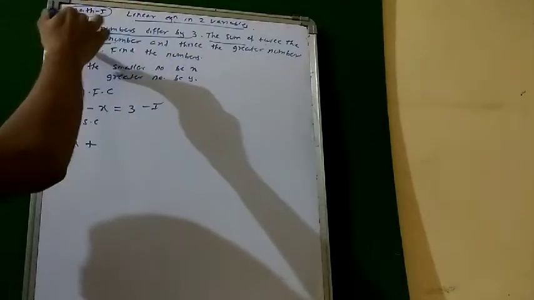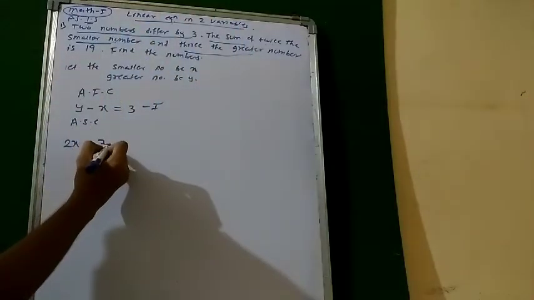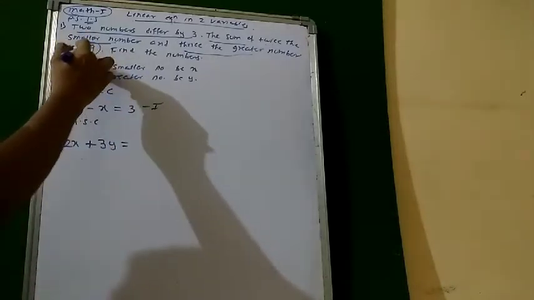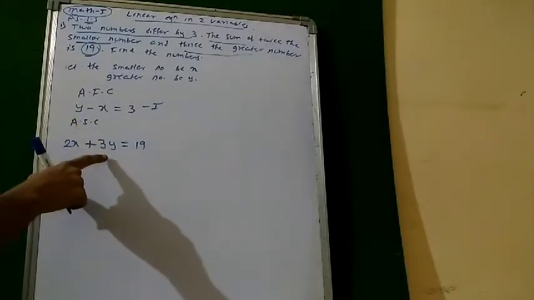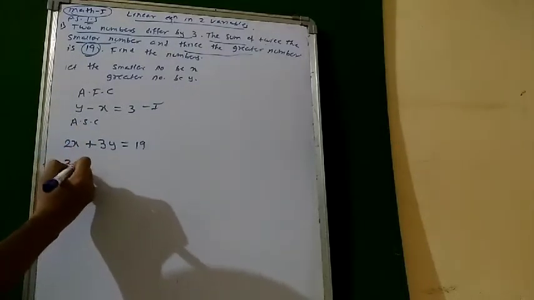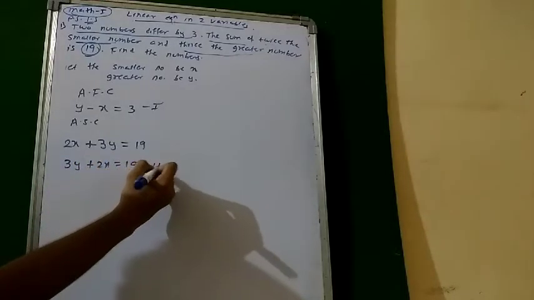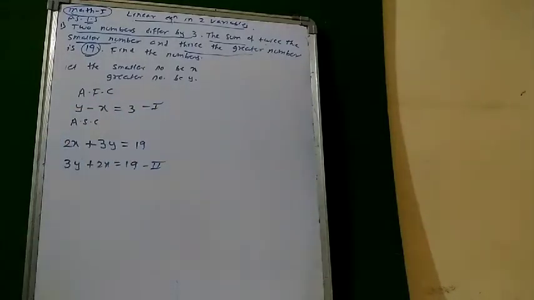Sum of twice the smaller and thrice the greater. Thrice the greater means 3 multiplied by greater, which is y. It will be equal to 19. Okay. In this part, y is at first, so I'll write y in the first place. 3y plus 2x is equal to 19, equation number 2.